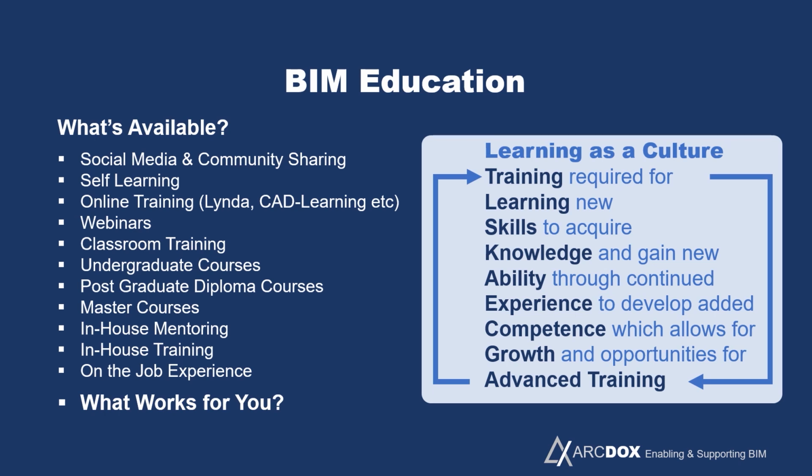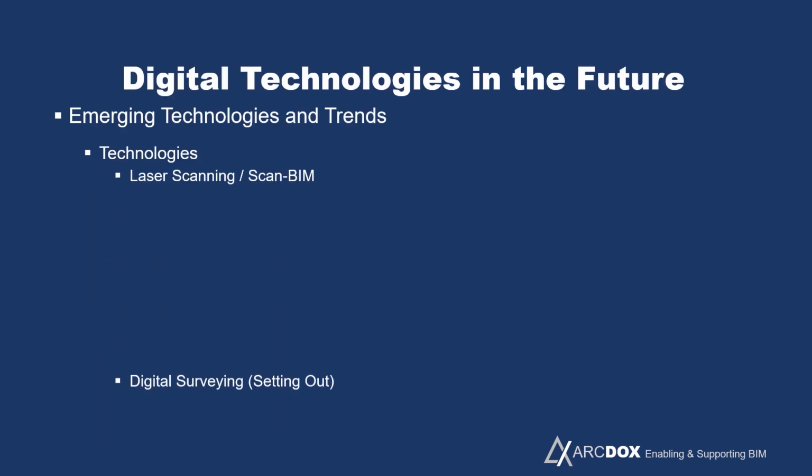In terms of ways of learning, obviously there's less formal social media and community sharing learning, such as YouTube. There's self-learning. You can do formal courses online. You can do webinars. You can undertake third level education at undergrad, postgrad level, master's level. So it's really to figure out what works for you.